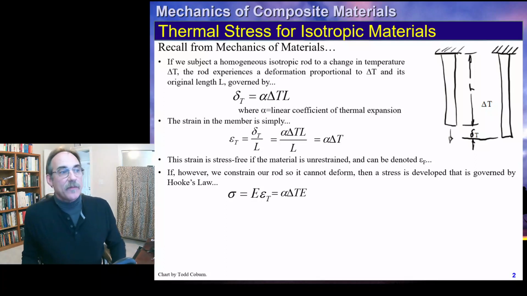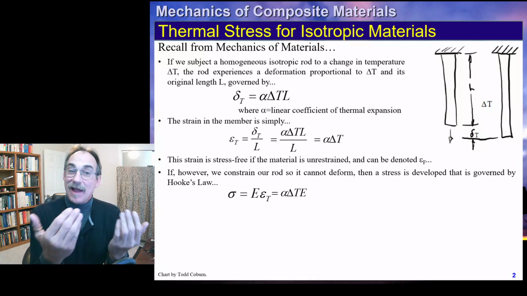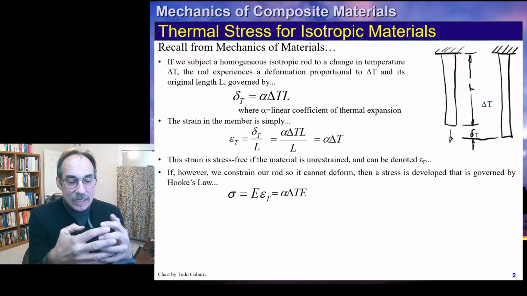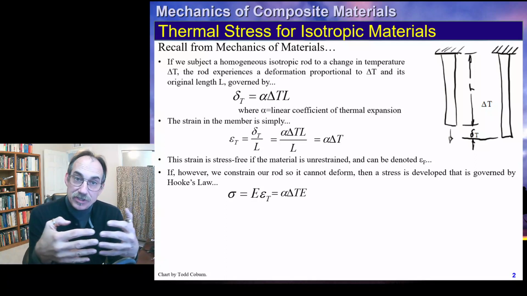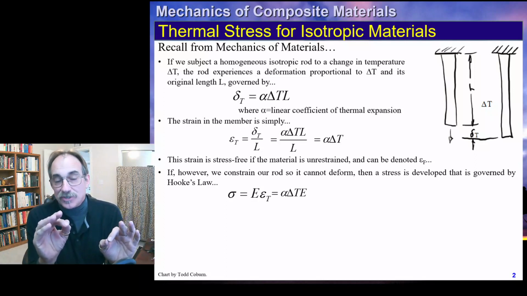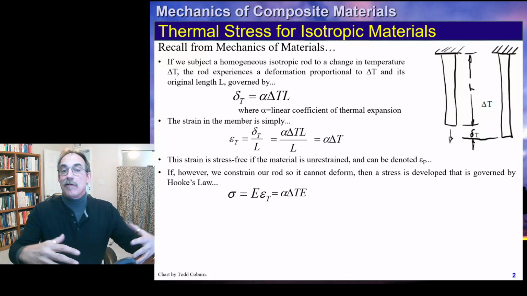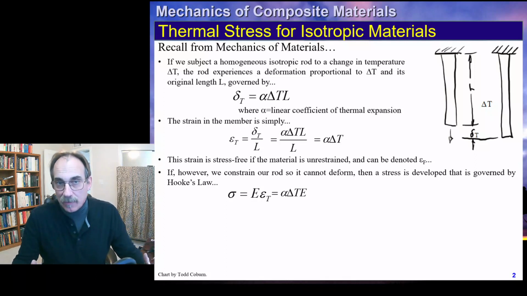The stress that would have been induced would have been represented by Hooke's law, but since it is free to expand, it does that expansion with no stress, just like sitting in the tub when you're absorbing moisture and you get bigger and bigger and bigger due to the moisture coming into your body, but you're stress-free.